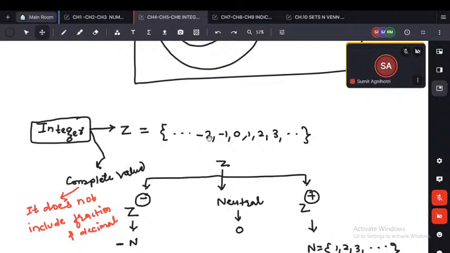But if you are representing everything including decimals and fractions, then you will say you have represented real numbers. That's why we say all numbers that can be represented on the number line are real numbers.